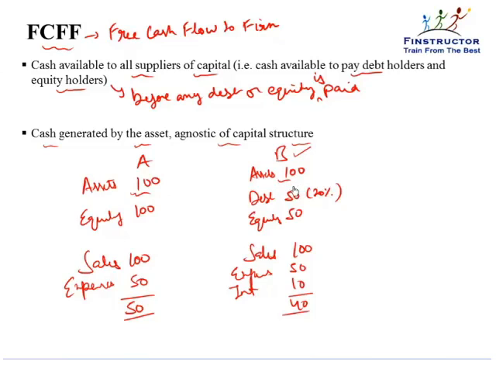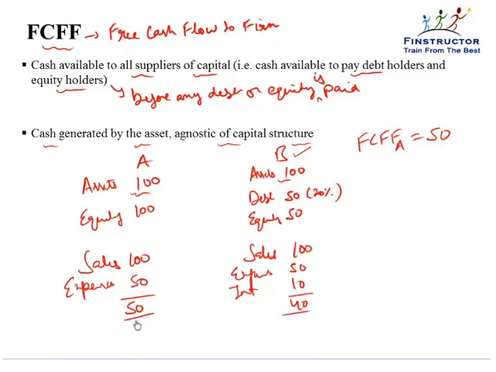So if we compare the total cash flow, we may get the wrong picture. But if we compare the free cash flow to firm, that is the cash available before any debt or equity has been paid, for company A, it will be $50. Because this is the cash from sales and I've only met the operating expenses.